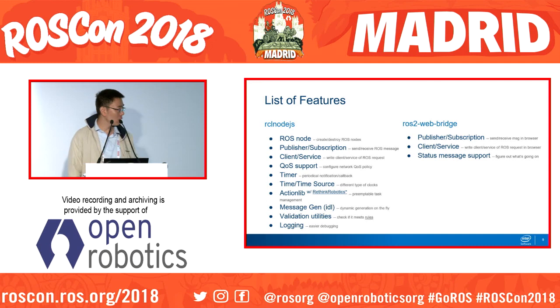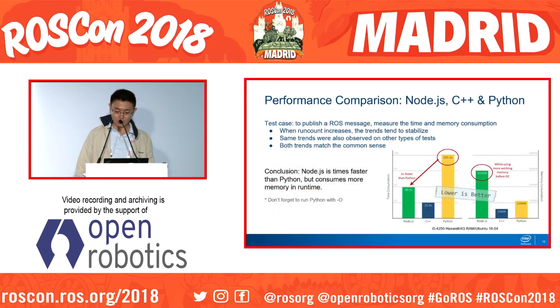Beyond the features here, we also did a performance benchmark on different ROS clients. Here we compared the three clients, the C++, Python, and Node.js. The test case here is to publish a topic with large binary data.